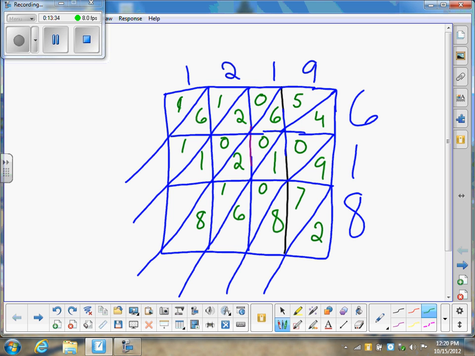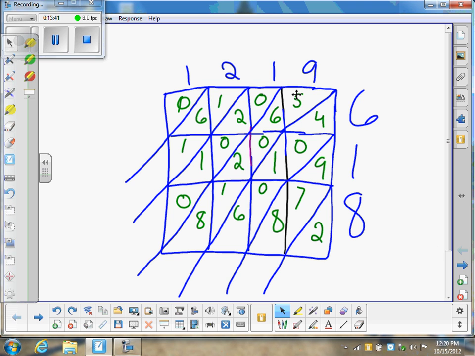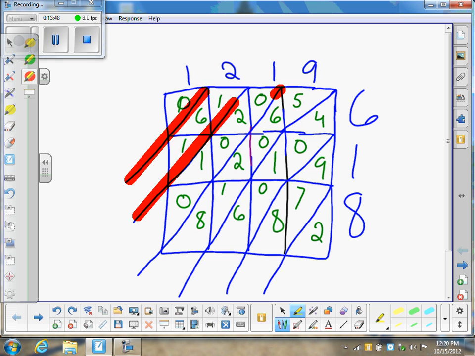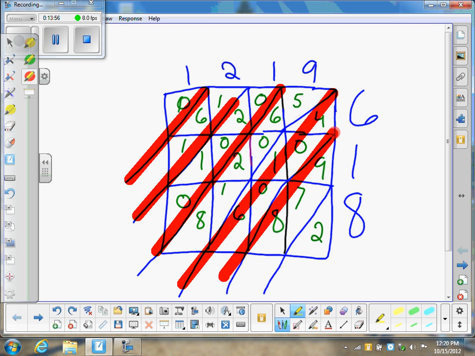Then, we will add the numbers using the water slides. All right, so now we will add 2 plus nothing is 2. 8 plus 7 is 15, plus 9 is 24. 4 plus 0 is 4, plus 1 plus 6 is 13.